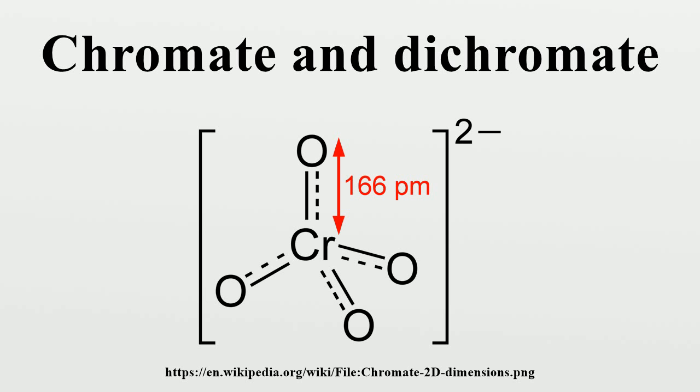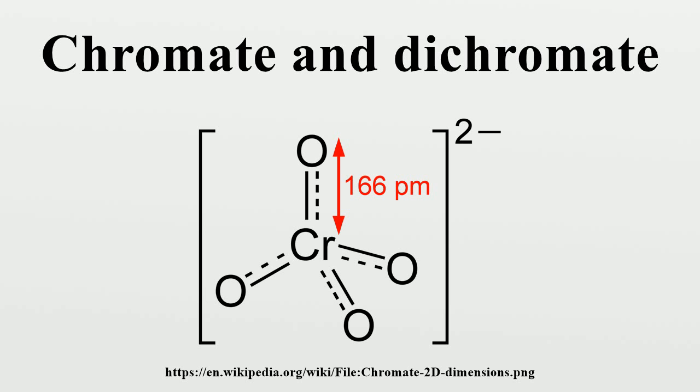Oxidation-reduction properties. The chromate and dichromate ions are fairly strong oxidizing agents. Commonly 3 electrons are added to a chromium atom, reducing it to oxidation state +3. In acid solution, the aquated Cr3+ ion is produced: Cr2O7 2- plus 14H3O+ plus 6e- gives 2Cr3+ plus 21H2O.